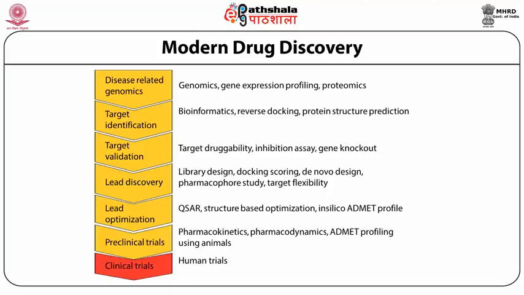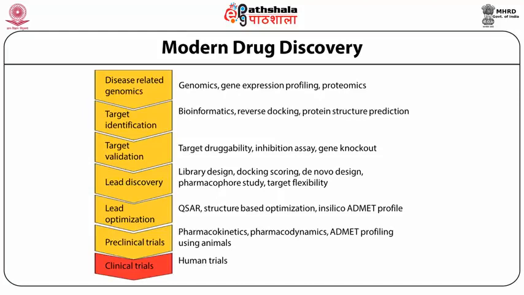With the help of bioinformatics and its tools, in modern drug discovery we go further to identify the target, validate the target, and go for its lead discovery that involves library design, docking, de novo design, pharmacophoric studies, and flexibility of the target.